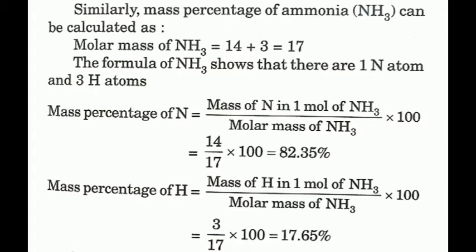So mass percentage of nitrogen will become 14 divided by 17 into 100, that is 82.35%. And mass percentage of hydrogen is mass of hydrogen in 1 mole of ammonia divided by molar mass of ammonia multiplied by 100, and it will become 3 by 17 into 100, that is 17.65%. So in this way we can calculate the mass percentage of different elements in a molecule.